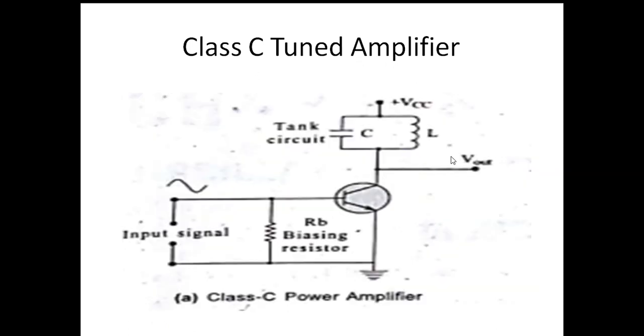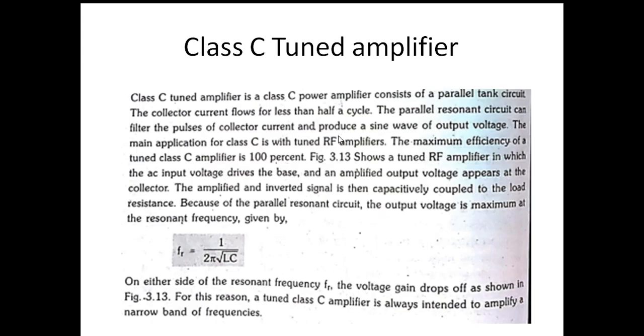So this output signal can be measured across a load resistor which is connected across these two, or directly we can measure it, since the effective load impedance depends on the values of L and C. On either side of the resonant frequency Fr, the voltage gain drops off as shown in the next figure.